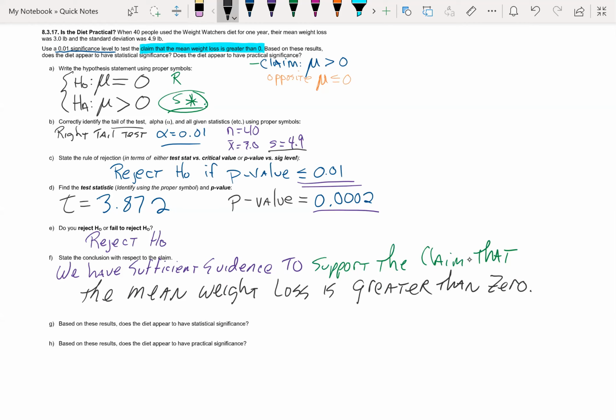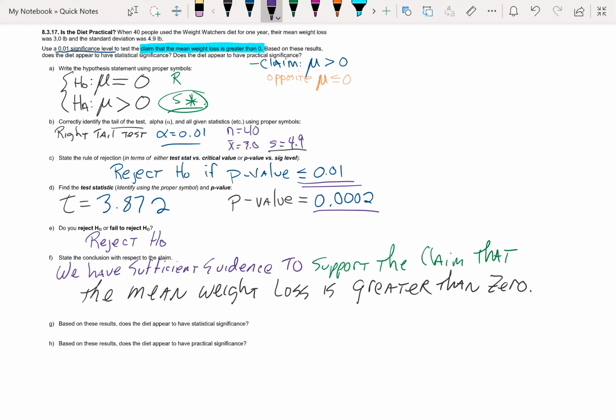So let's look at that all together. We have sufficient evidence to support the claim that the mean weight loss is greater than 0. So we are concluding that the mean weight loss is greater than 0. We rejected the null. We rejected the idea that the mean was 0. So we go with the alternate that it's greater than 0. And with our questions down here, does the diet appear to have statistical significance?